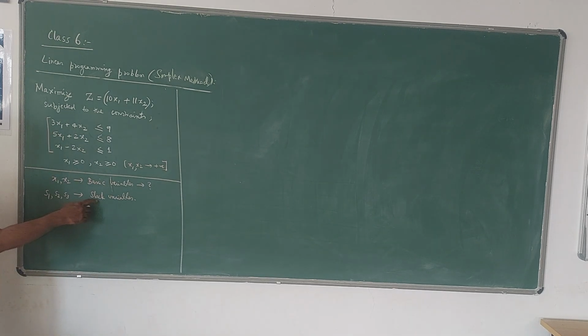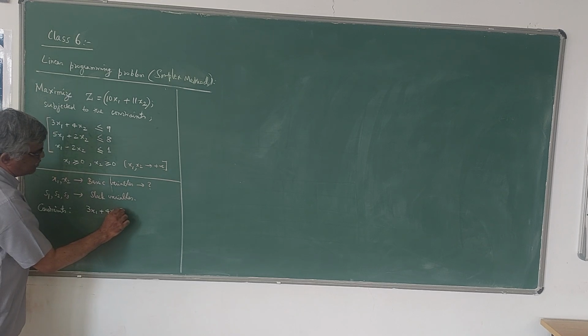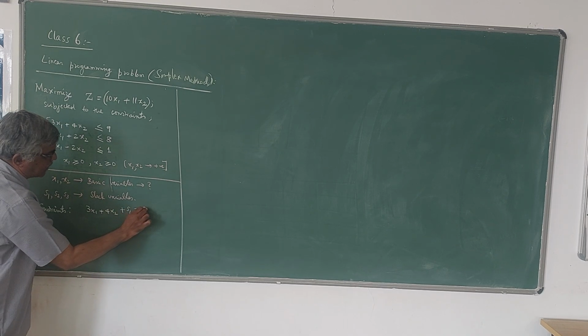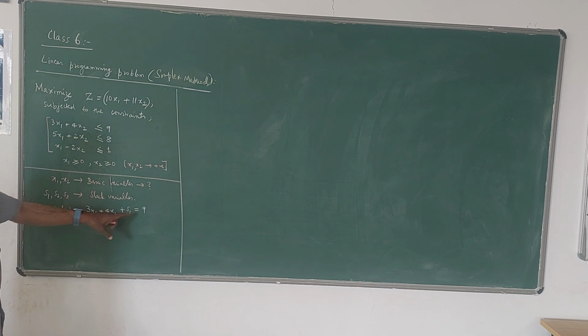Now by introducing the slack variables, these constraints can be converted to equations. So these constraints become 3x1 + 4x2 + s1 = 9. You can observe here that the less than or equal to becomes equal to by just adding the first slack variable.